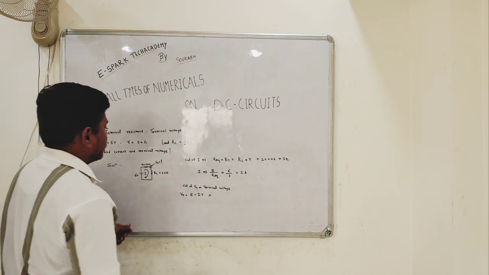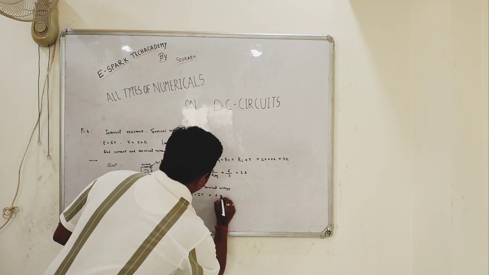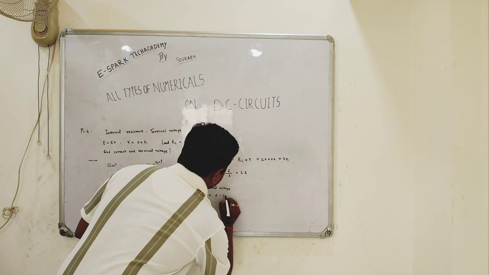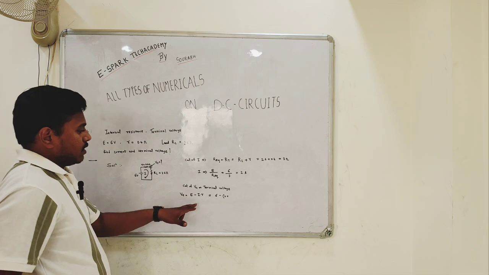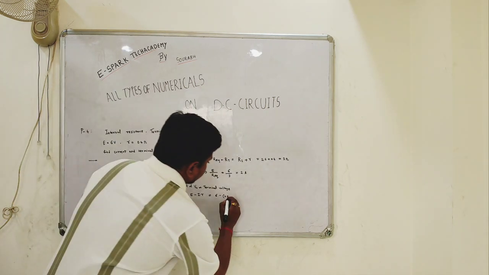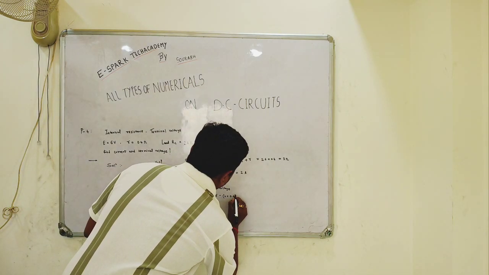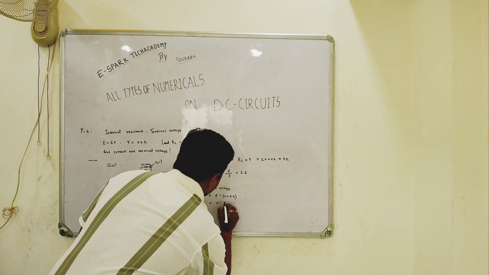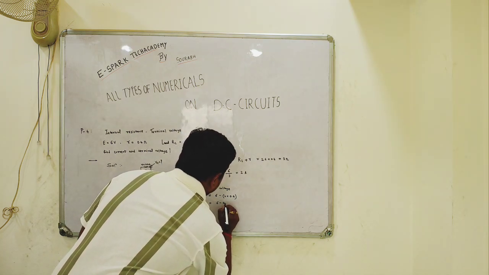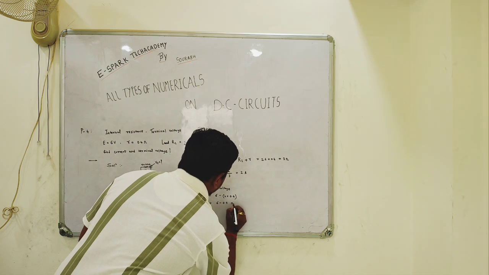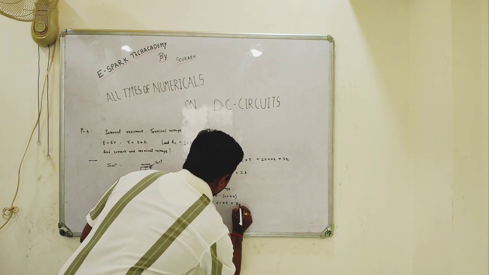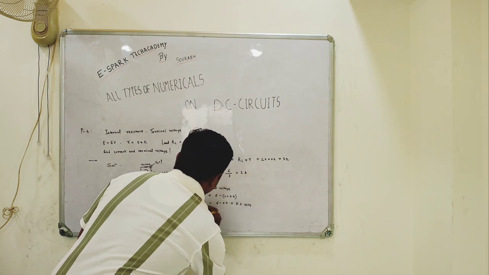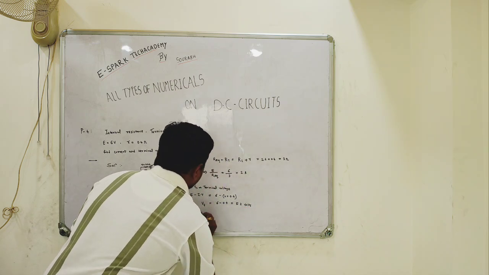E will be 6 volt, already given, minus I, which we just found out, 2 amperes, into r, which is 0.4. You will get 6 minus 0.8, which is 5.2 volts, the terminal voltage.